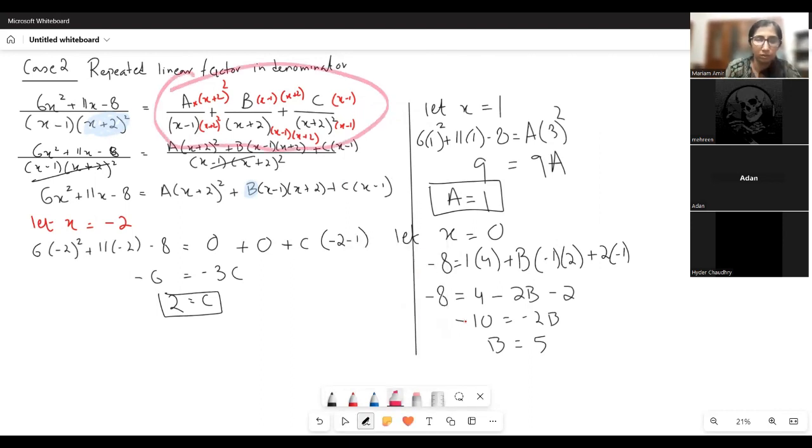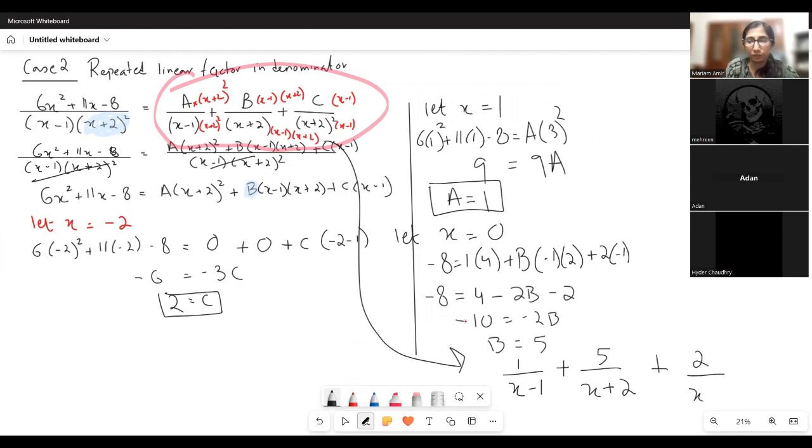So we get 1 upon x minus 1 plus 5 over x plus 2 plus 2 over x plus 2 whole square. Yes, that is the correct answer.